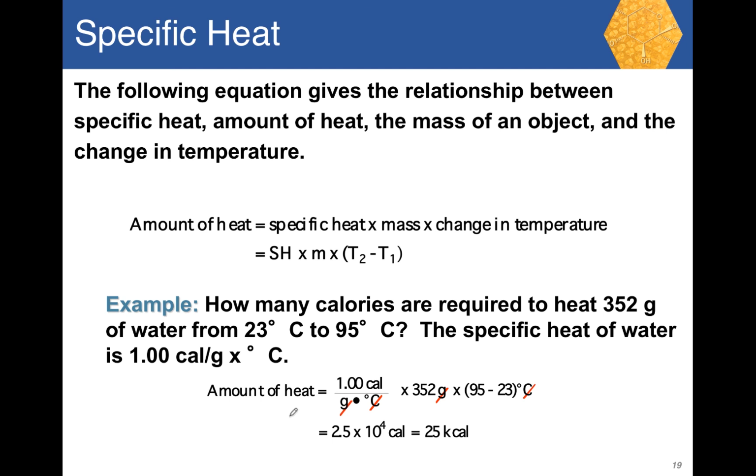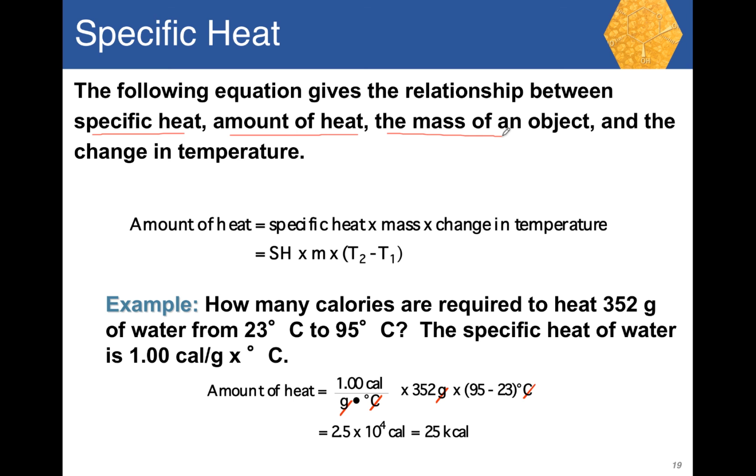Okay, let us concentrate now on utilizing this concept. The following equation gives the relationship between specific heat, the amount of heat, and the mass that's required for a change in temperature. So once again, if you have a hot object and you mix that with a cold object, at some point the temperature will change from that hot object to a colder substance.